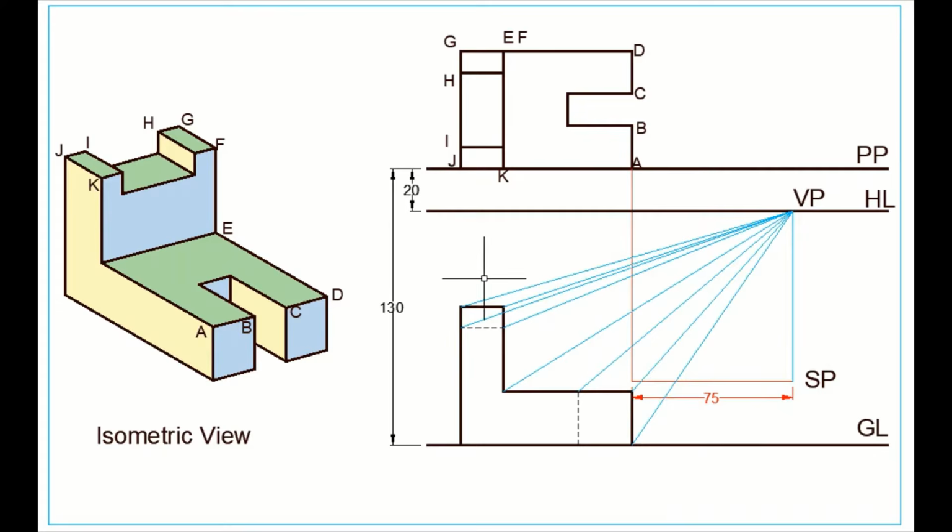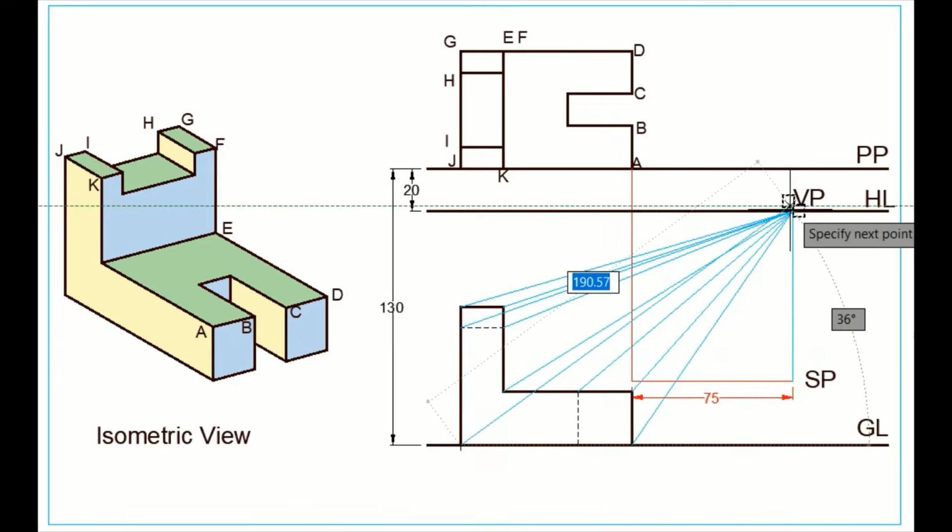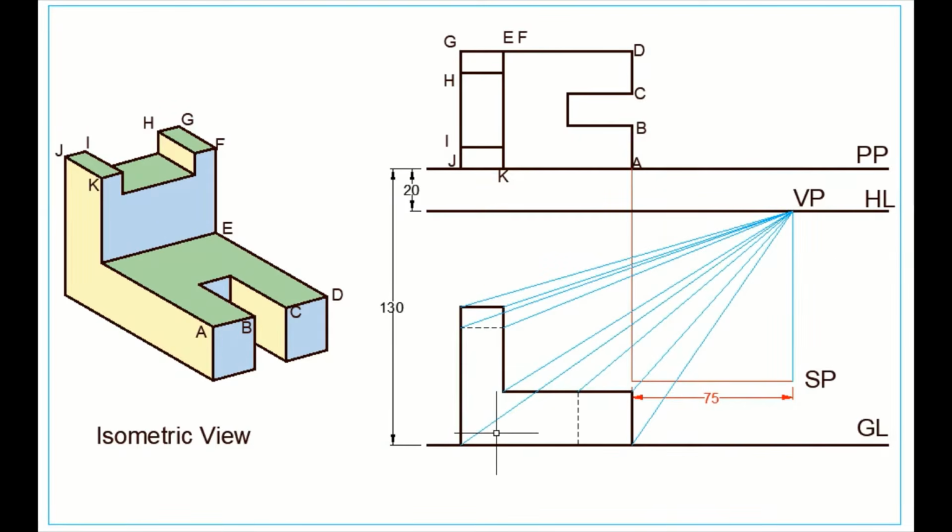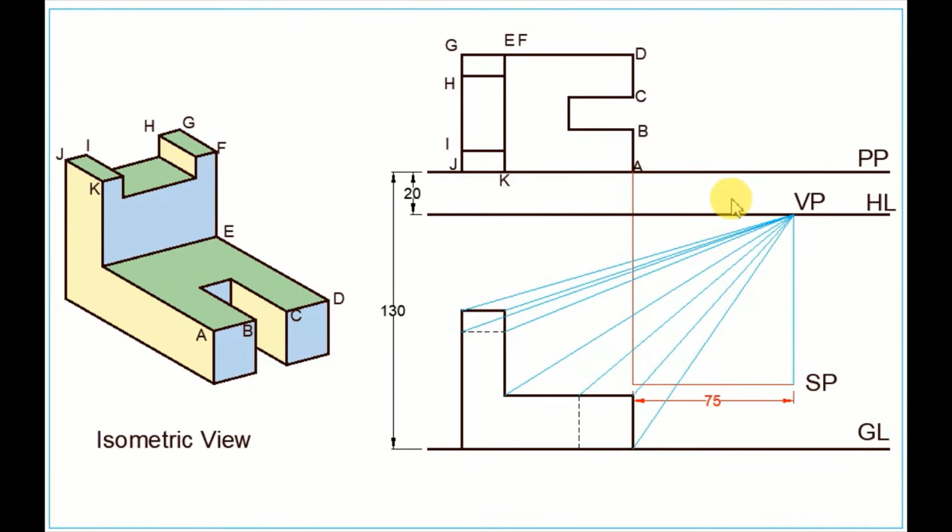You can also consider connecting this edge here, but eventually this will end up as a hidden line, so I'm just ignoring it. That is fair enough.